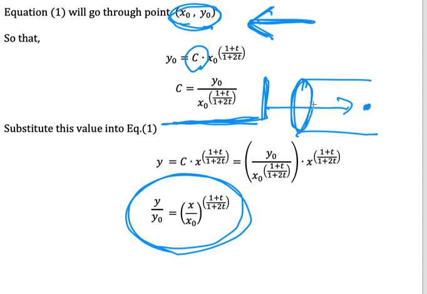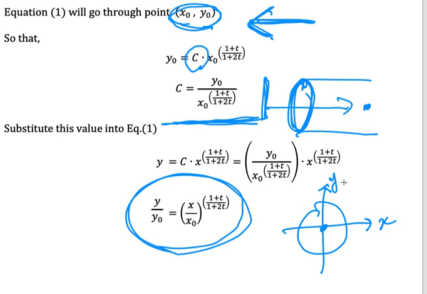Because it is circular, we have this as x and this as y, so our coordinates are x and y. Then we assume that it will flow at the center point, so we give it as x naught and y naught. Finally, you will get this one.